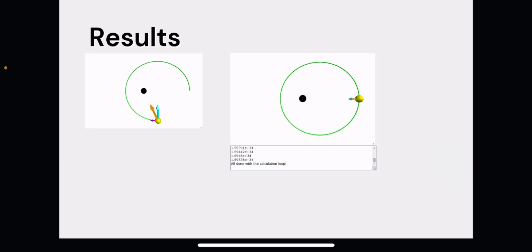The uneven orbit, or the black hole not being centered, can be a sign that the force is uneven in certain parts.